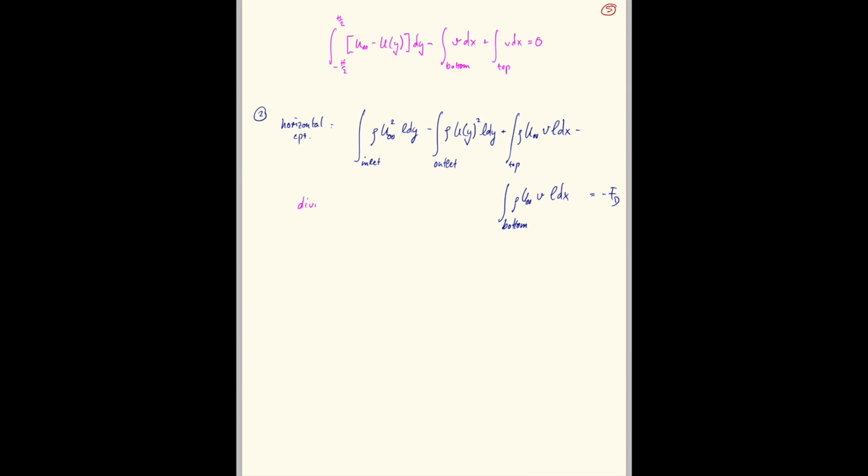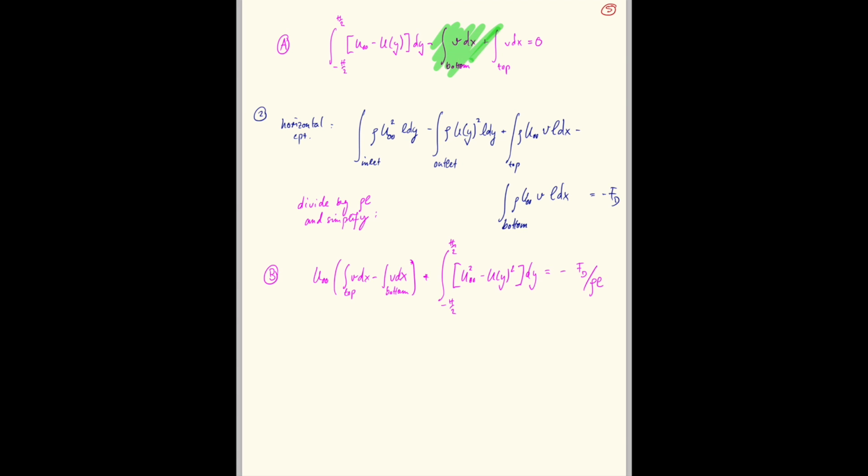So divide by rho L and simplify, and we get plus now the integral here, which is similar to the mass conservation one, just with an extra power of the velocities, u infinity squared minus u of y squared dy, equals minus Fd divided by rho L. And now if we compare a and b, we can find that this term is the same as that.